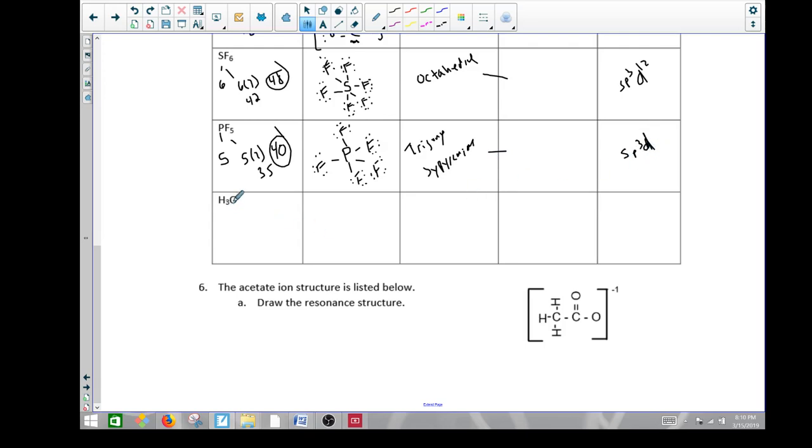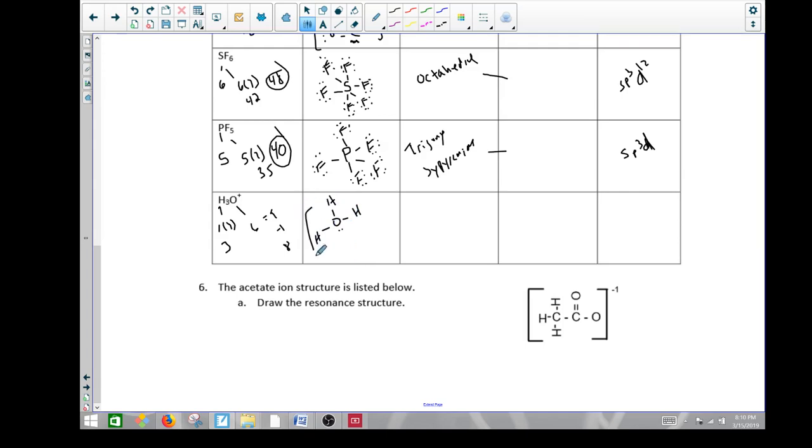All right, H3O plus. Hydrogen 1 times 3 is 3. Oxygen is 6. That's 9. Lost 1 for 8. All right, oxygen goes in the center. We got hydrogen, hydrogen, and hydrogen. 2, 4, 6, 8. And we're done.